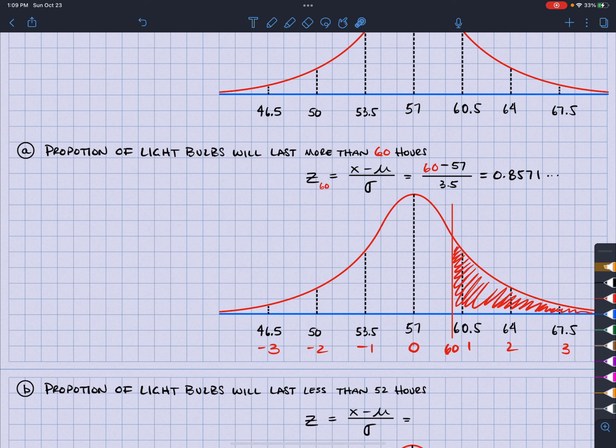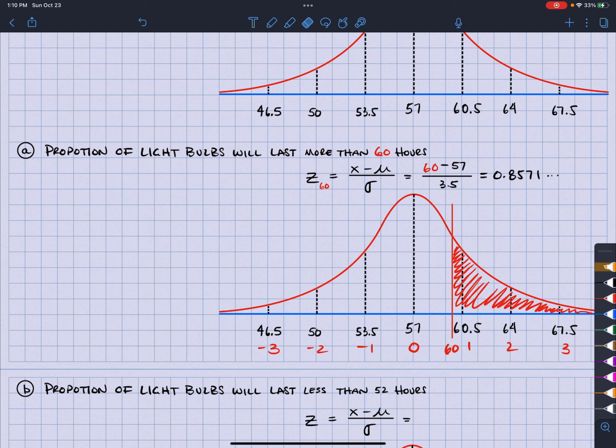It's very close to 60.5. So this location is between 0 and 1. So yeah, the 60 would be somewhere close to 0.8571, which is exactly what this is right here. It seems about right. So that's always a good indication that I did something right.